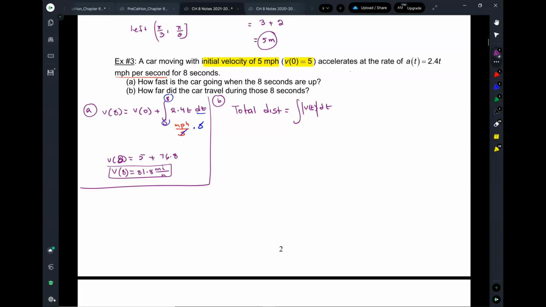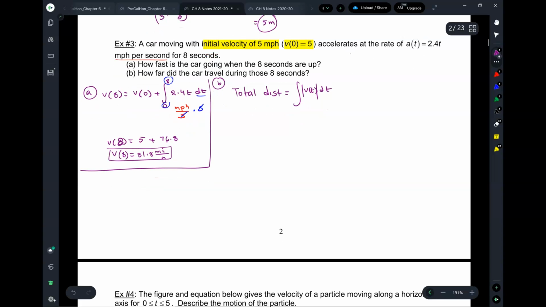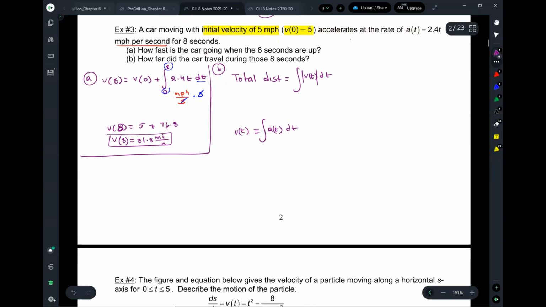But now, I don't have an expression for v of t, guys. What am I going to do? No, we're going to take the integral. v of t is equal to the integral of a of t dt. I need an expression for this. So v of t is equal to the integral of 2.4 t dt.